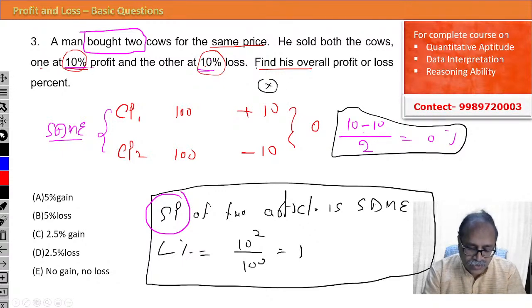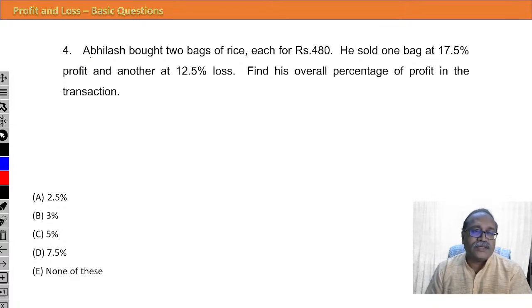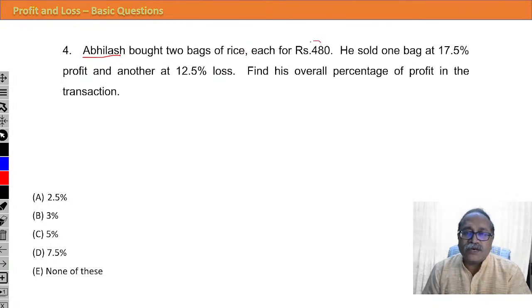Okay, that's great. Let's come to the next one, and let's see this one. It says Abhilash bought 2 bags of rice for rupees 840 each. Is it not? The cost price of the two articles is the same.